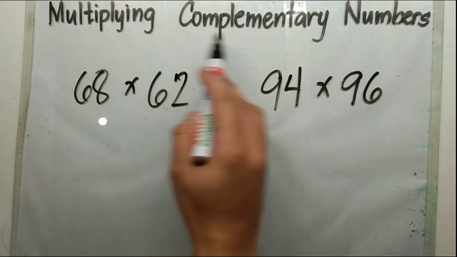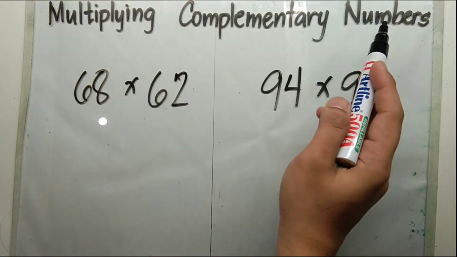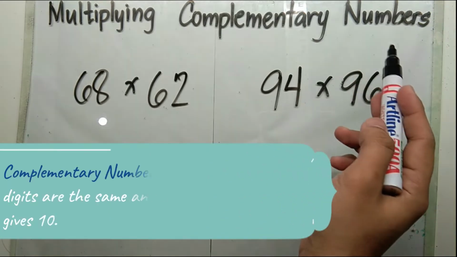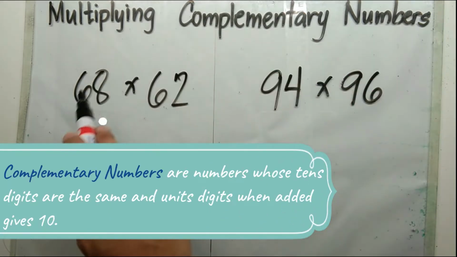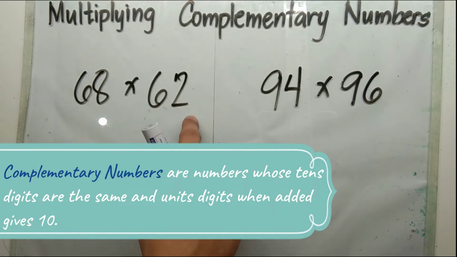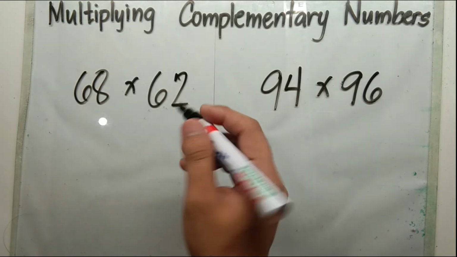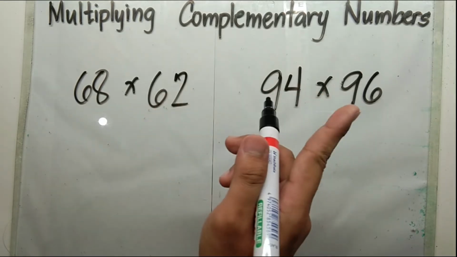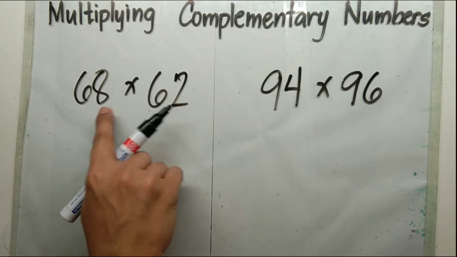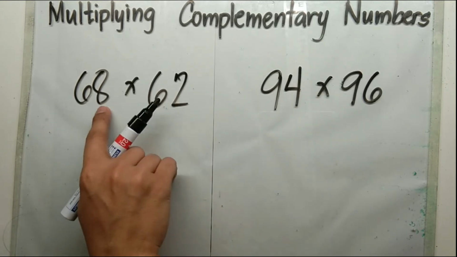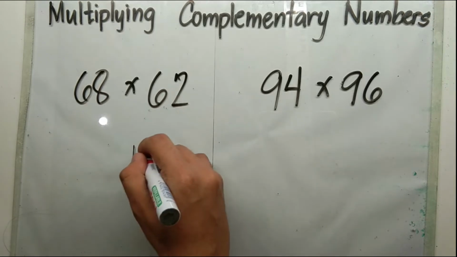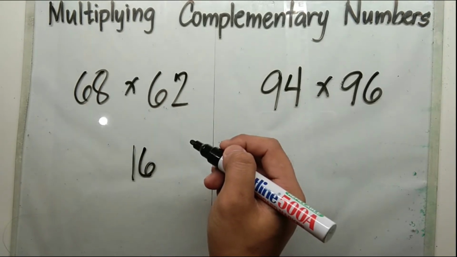Next, multiplying complementary numbers. By the way, complementary numbers are numbers whose tens digits are the same and whose units digits, when added, give a sum of 10. Now, the process is similar to squaring 2-digit numbers ending in 5. So, first, you need to multiply the units digits. 8 times 2, that gives you a product of 16.